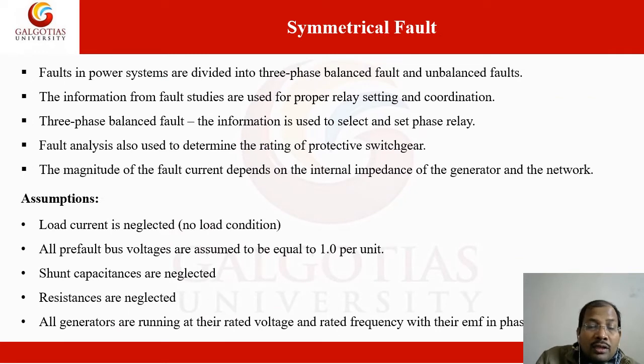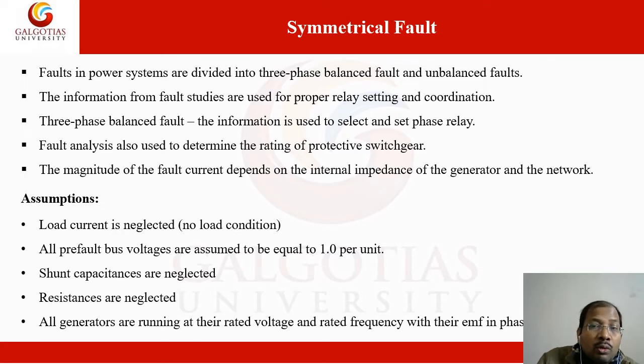So here we are just going to start the symmetrical faults. Faults in the power system are divided into balanced faults and unbalanced faults, which is already covered. So why are we going to analyze the faults? The information from the fault studies is used for proper relay settings and coordination.